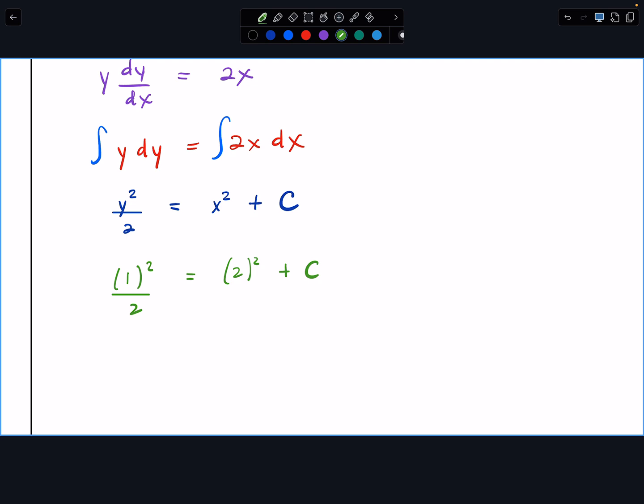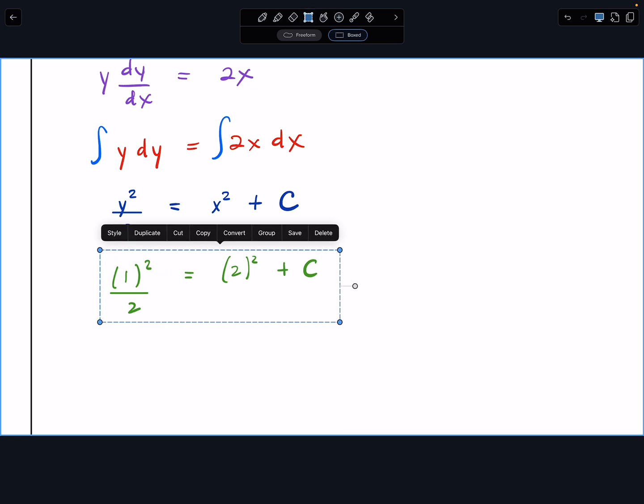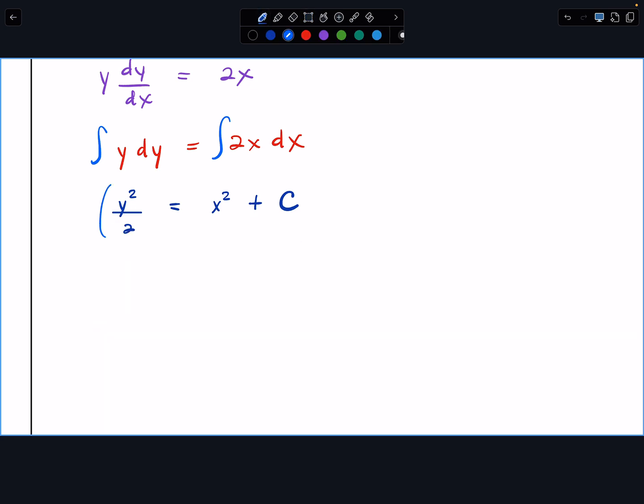Did I do this right? I'm not going to get the same thing. We're not going to do that yet. Multiply both sides by 2 first, because if I do what I just told you, you don't get the same answer. Y squared is equal to 2x squared plus c.